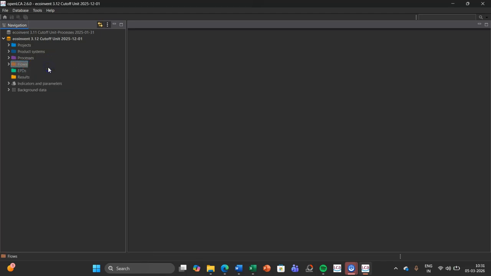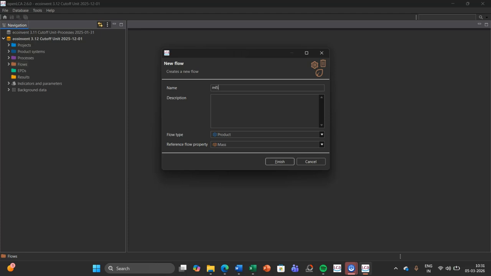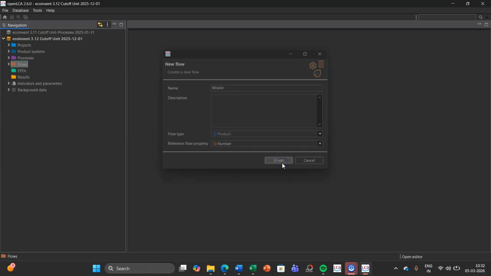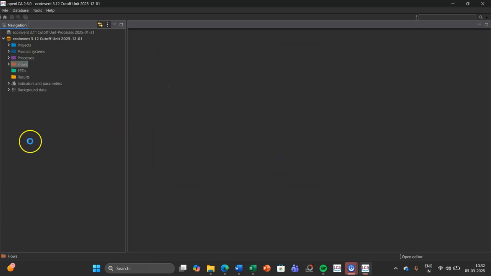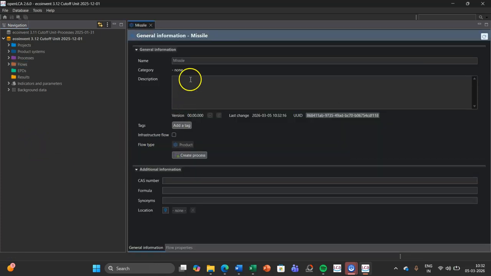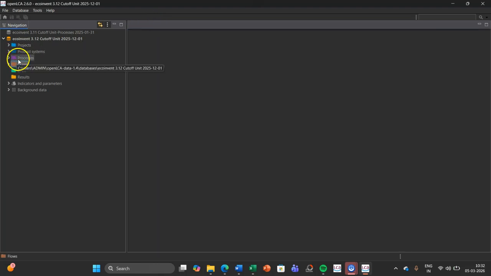Let us define the flow. Missile, we can put as missile in short. Missile product, one unit, of type number. Fine, so the flow has been created.